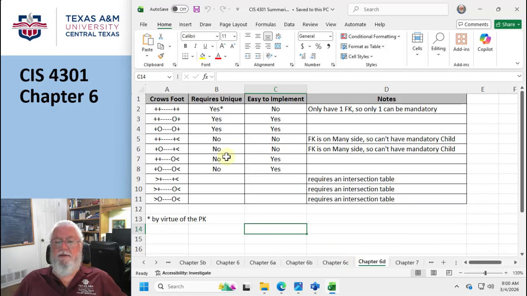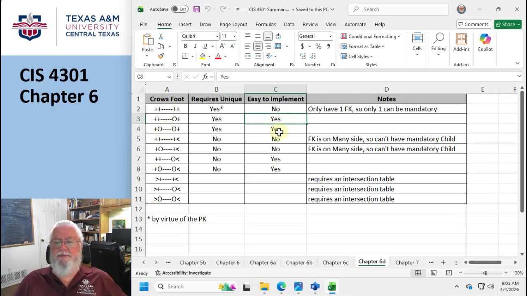Okay, so here's another one that kind of goes through it. So does this require unique? The unique is almost always used in a one-to-one. Rarely do we use it in a one-to-many or many-to-many. But in this case, most likely it's going to be a primary key, not a unique, so I have to put a little asterisk there. Is it easy to implement? No, because I can only enforce half of it. This one I got.